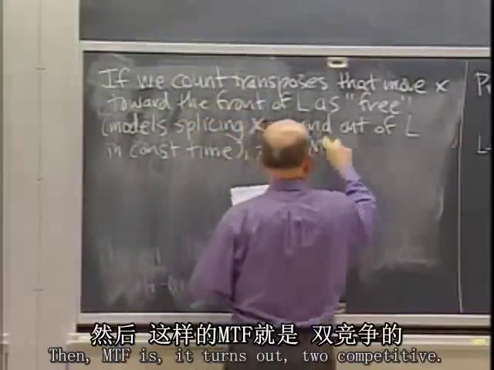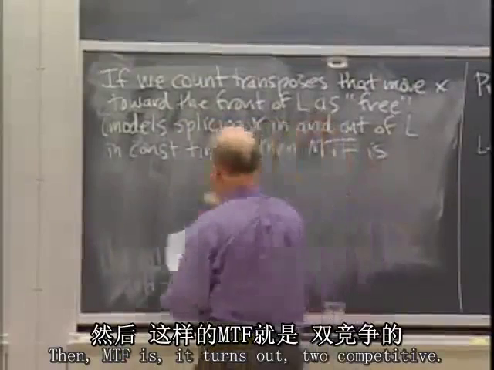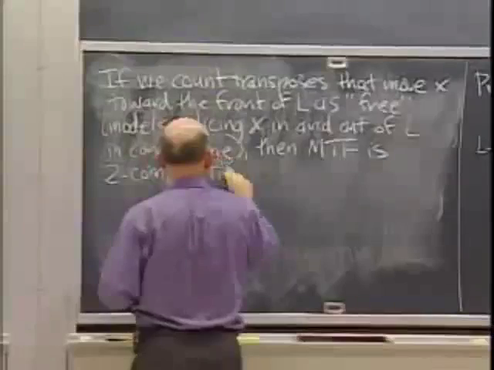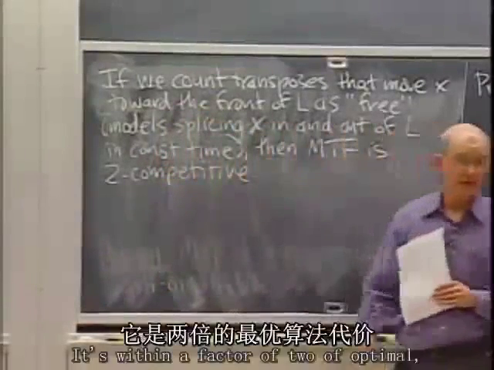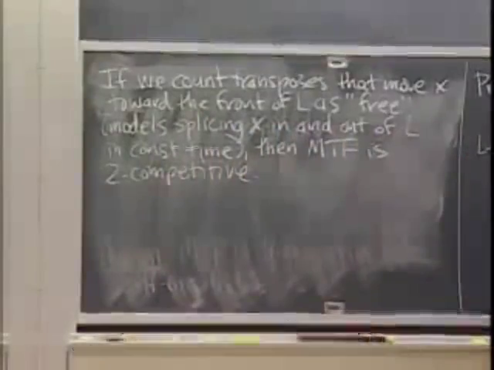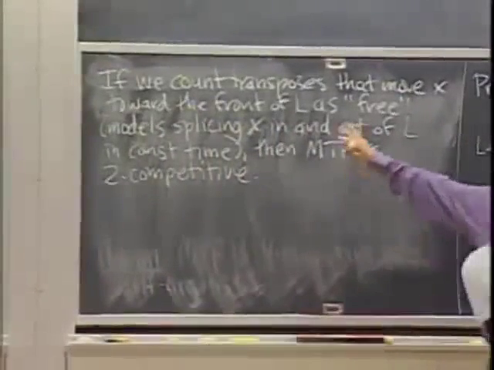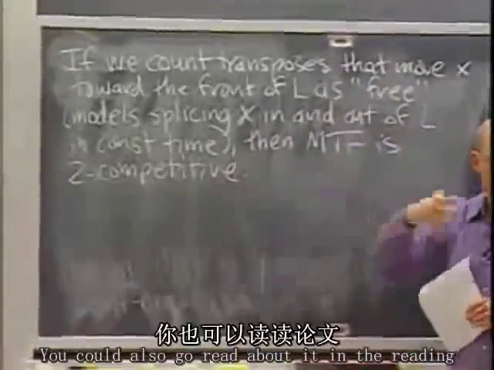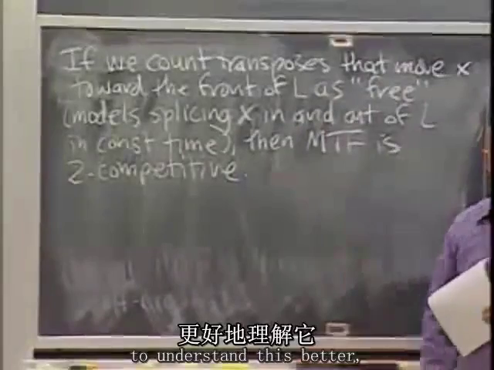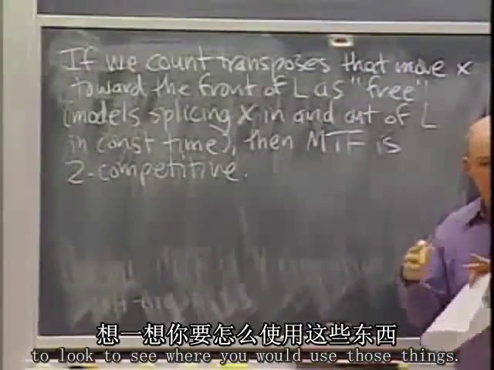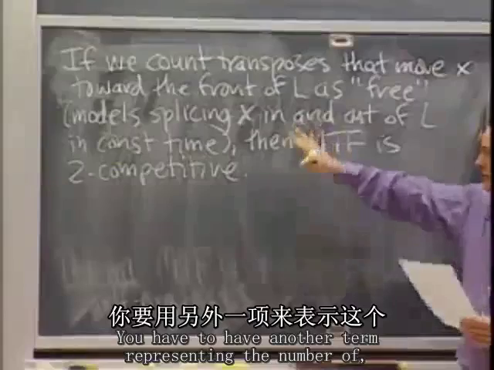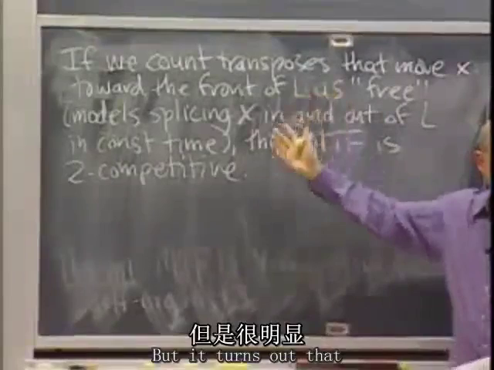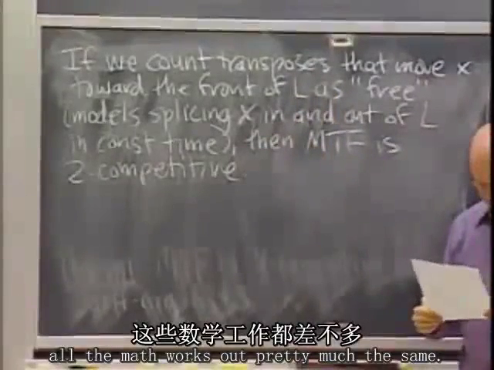And MTF is, it turns out, 2-competitive. It's within a factor of 2 of optimal, if you use that. And that's actually a good exercise to work through. You can also go read about it in the reading. But to understand this better, look to see where you would use those things. You have to have another term representing the number of, quote, free transposes. But it turns out that all the math works out pretty much the same.